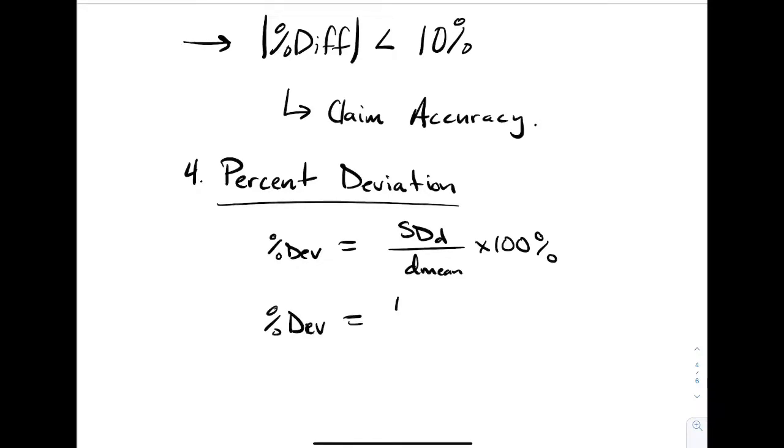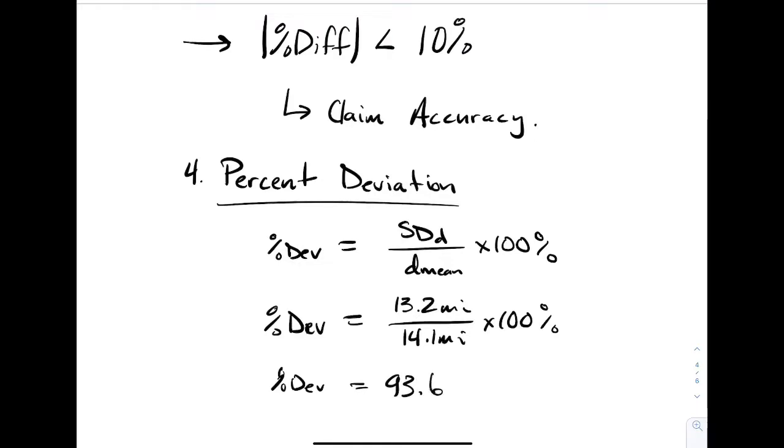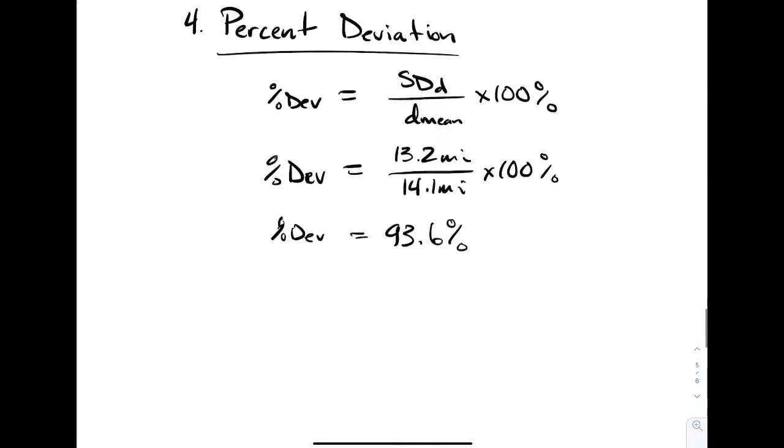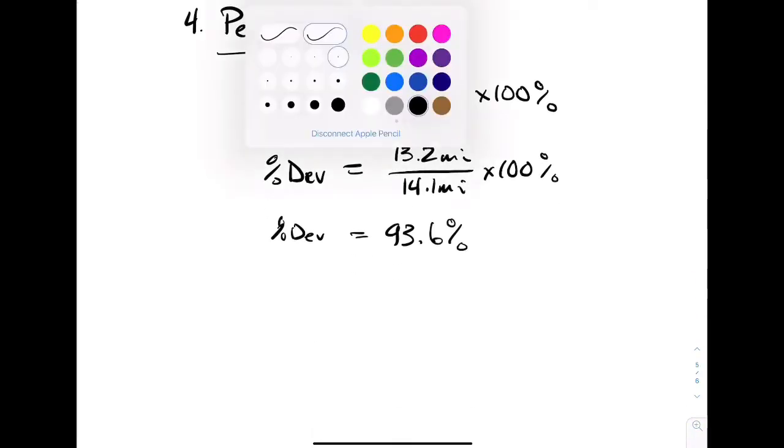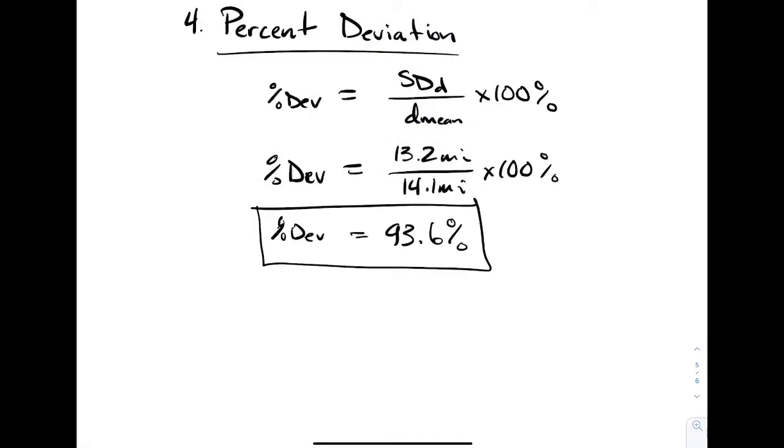We would show the 13.2 miles divided by the 14.1 miles times 100%. Percent deviation is equal to approximately 93.6 percent. And let's make our note here. Let's get our answer highlighted.